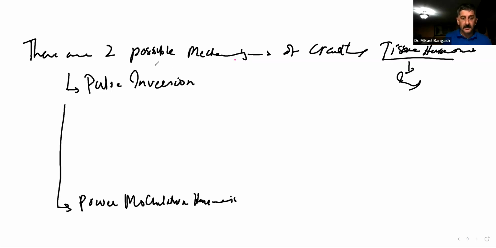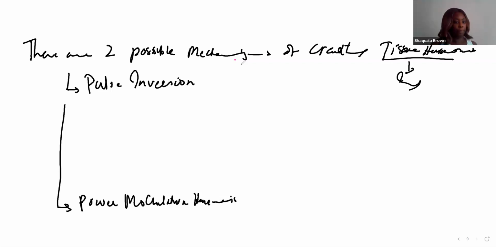Either the system will use the pulse inversion mechanism to create tissue harmonic images, or the power modulation harmonics. Is that clear? Did you guys get that?